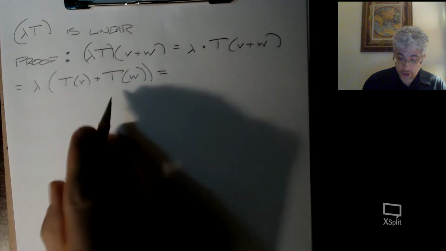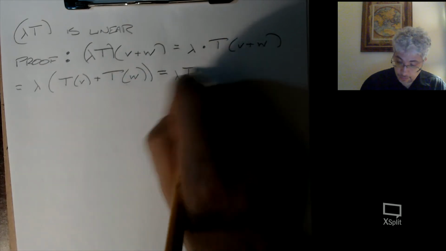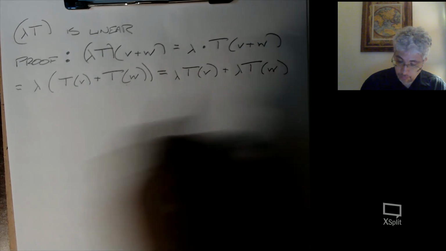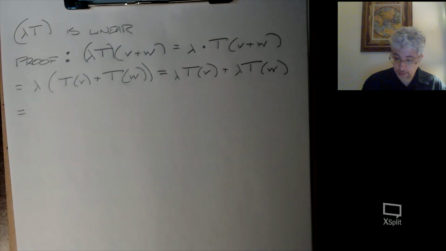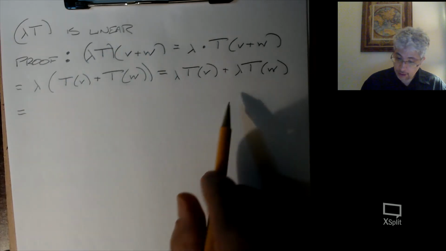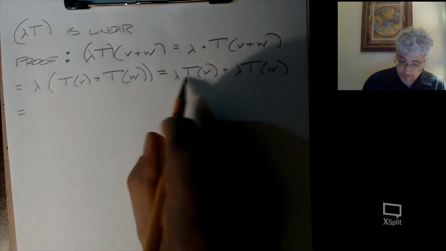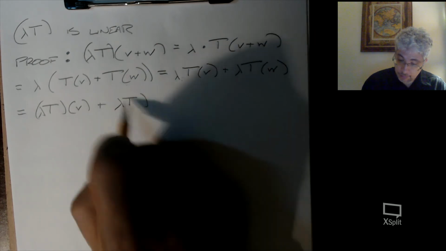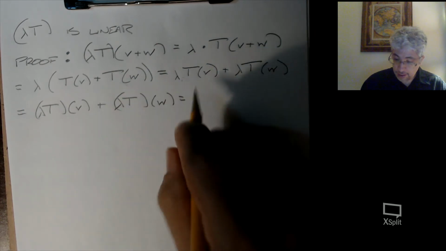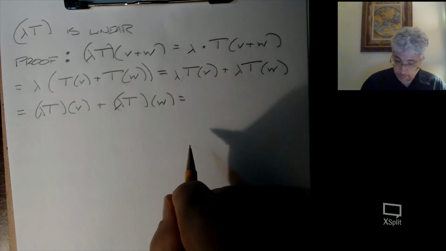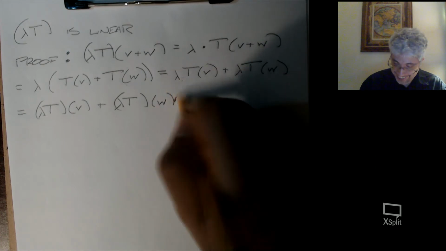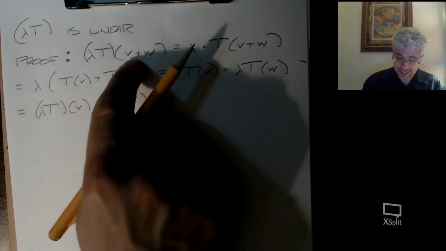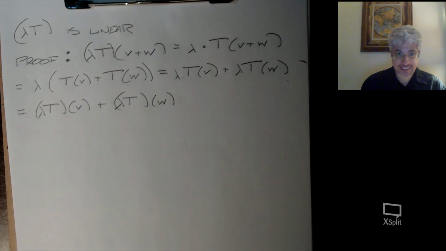So now I can distribute the lambda, and that's equal to lambda T of v plus lambda T of w. We're done. There's actually nothing more to do there. That was the last step, because we showed that (lambda T) of (v plus w) is lambda T of v plus lambda T of w.